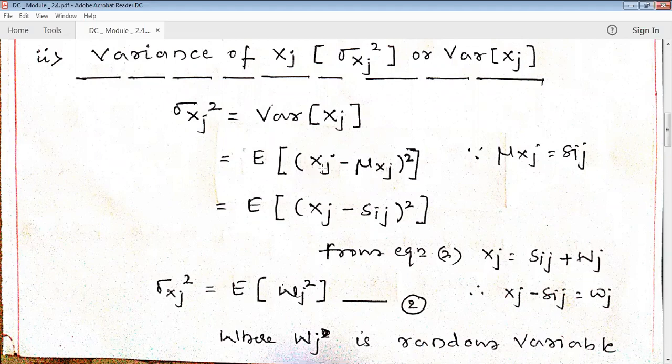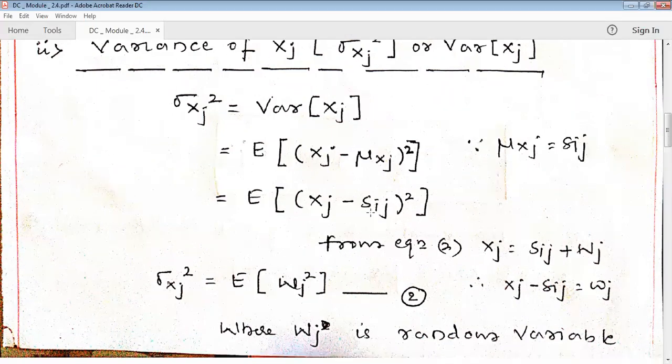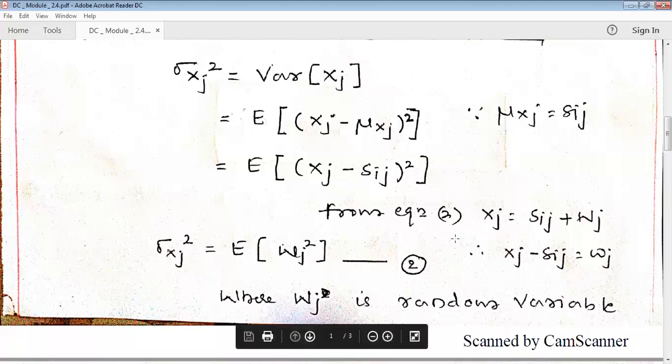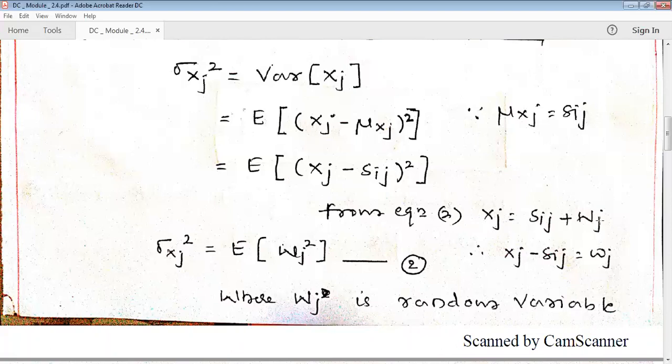Xj is the random variable and mu Xj is the mean of this random variable. And we know from the previous parameter that the mean of the random variable is equal to sij. So this becomes the expectation of Xj minus sij whole square. And we know that the random variable Xj with respect to the received signal x of t is equal to sij plus Wj, and Xj minus sij is nothing but Wj.